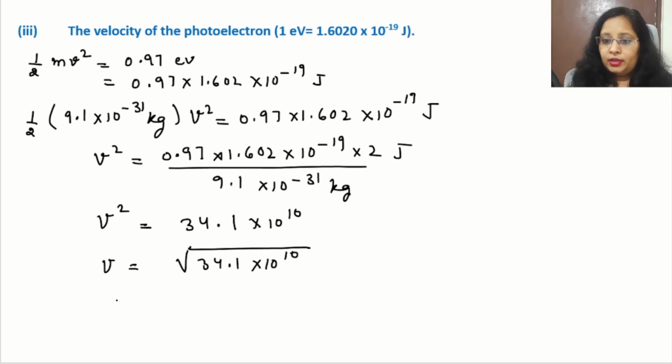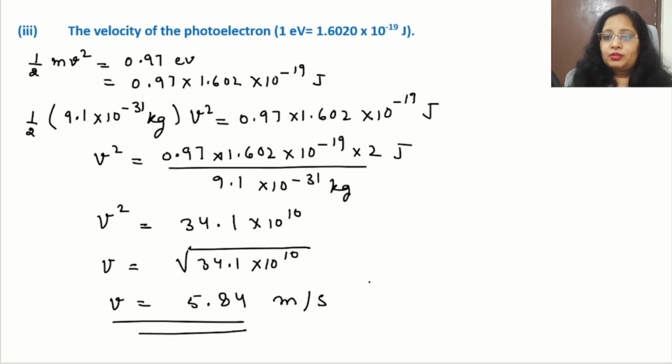It will be something like 5.84 into 10 to the power 5 meter per second. This is the velocity of the photoelectrons. So this is the third part of this question. We have solved it, easy to calculate.